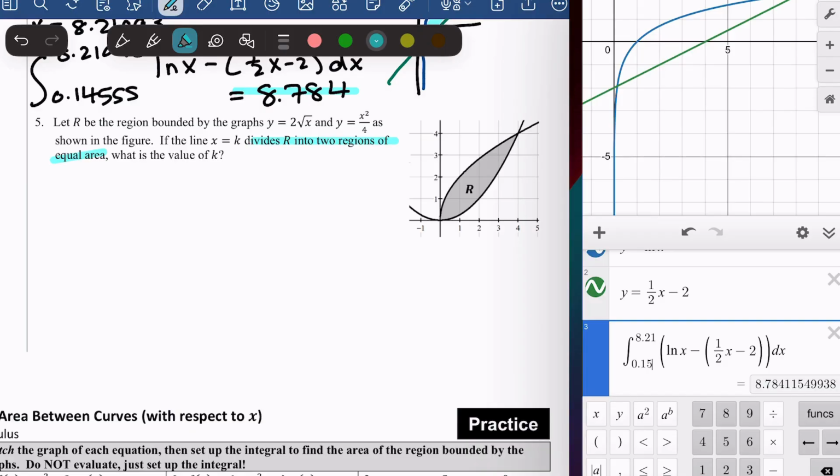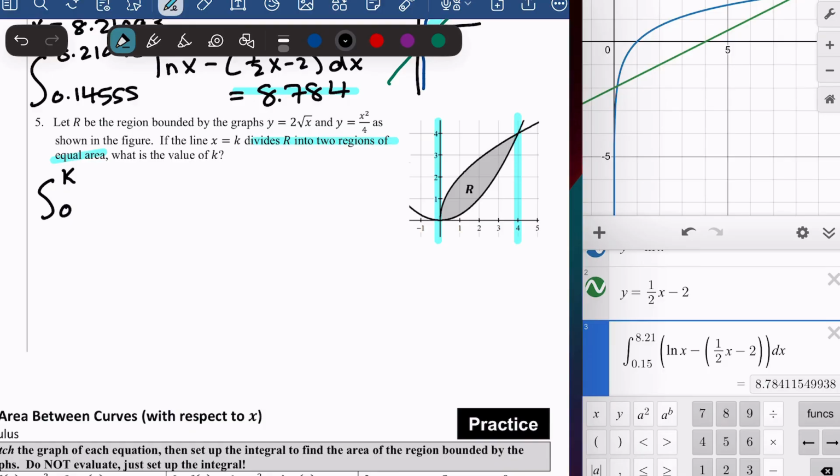Okay, we know that the bounds of this function starts at 0 and goes to what number? 4. Okay, so if we were going to write this of equal bounds, which means we need to take 2 integrals and set them equal to each other. Okay, so this would be us saying the integral from 0 to some value k, because we don't know what k is, we don't know where our half point is.